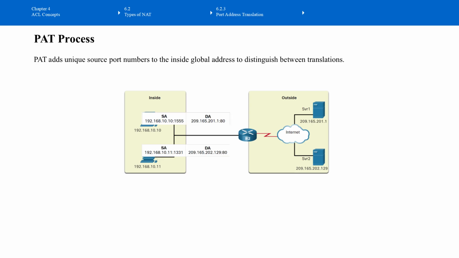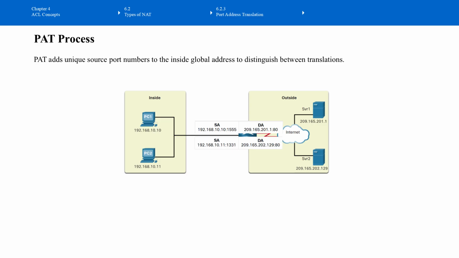As R2 processes each packet, it uses a port number, 1331 and 1555 in this example, to identify the device from which the packet originated. The source address is the inside local address with the TCP or UDP assigned port number added.